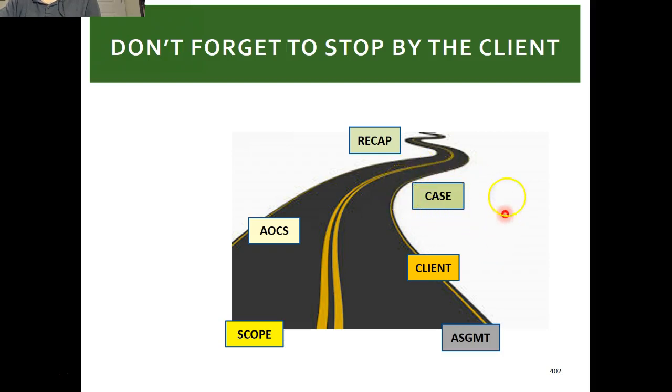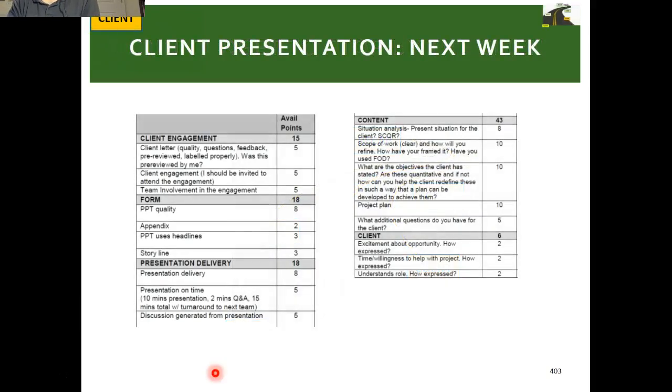We will talk further in a future lecture that recaps the case as well. We also discussed the art of client service. But today we're going to focus this evening on the scope and the client, because you have client meetings Thursday and Friday.